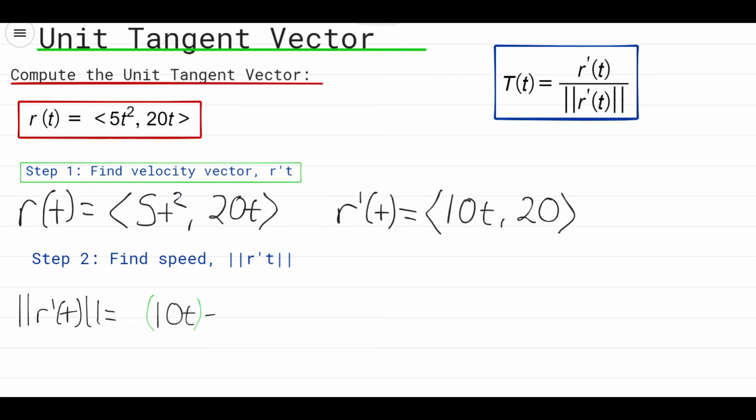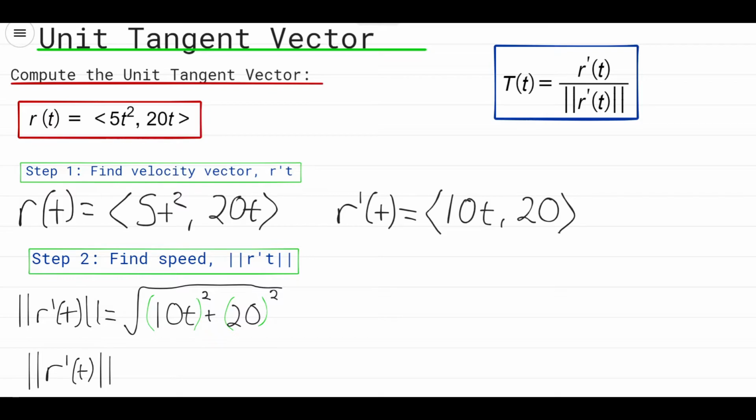We're going to square the derivative, 10t comma 20, square each term, and then take the square root. When we square, 10t squared is 100t squared, and 20 squared is 400.